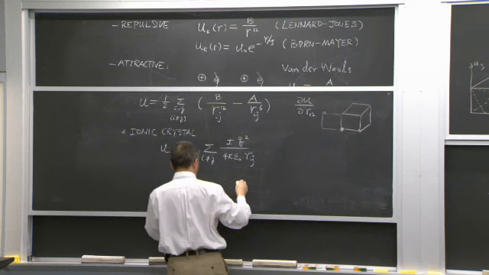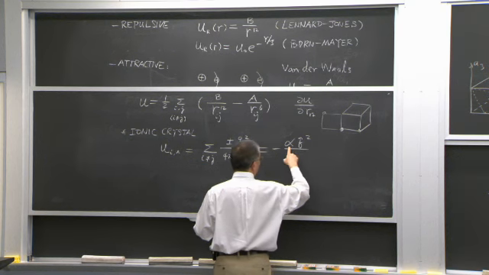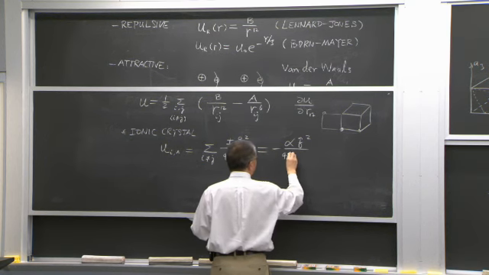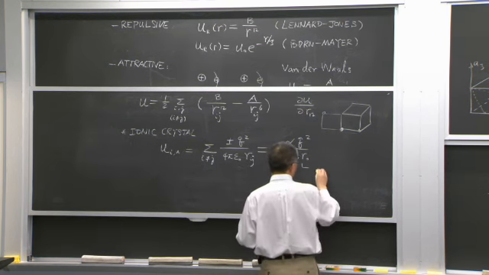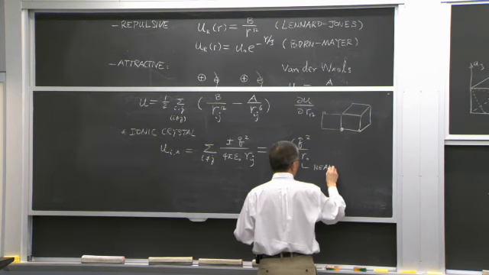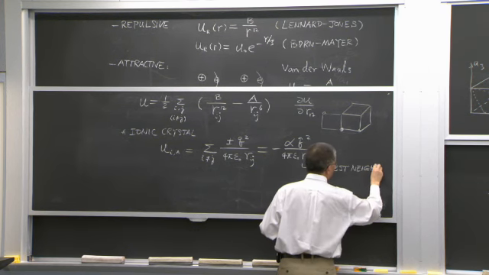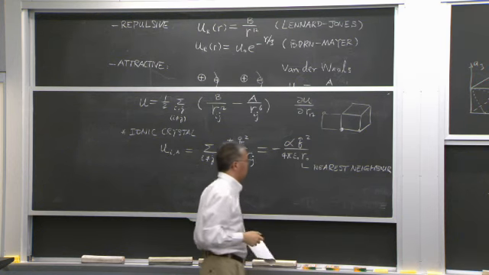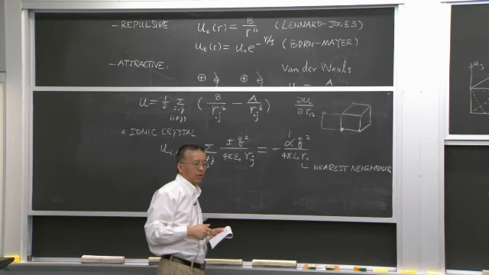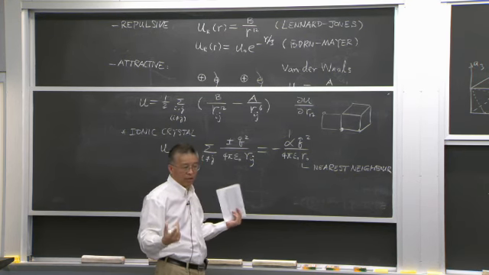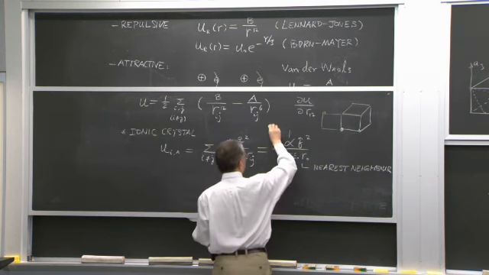Sometimes people write this as alpha q squared over 4 pi epsilon 0 R0, where R0 is the nearest neighbor distance. This alpha is a constant for different crystals. You do your structures, you sum it up, and it depends only on the crystal structure. This is the Madelung constant.